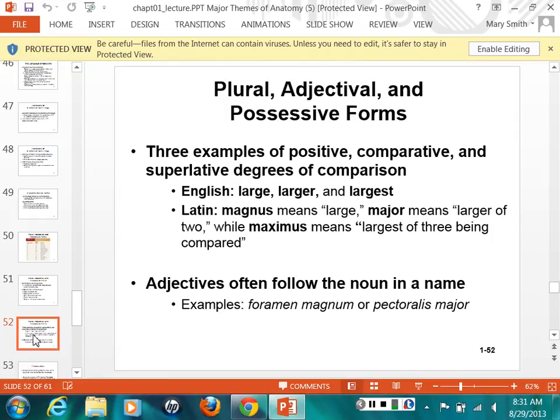A pectoralis major and a pectoralis minor. Okay? So, magnus means large. Foramen magnum. Adjectives often follow the noun in a name, okay? Adjectives often follow the noun. Foramen, guys, is the hole.